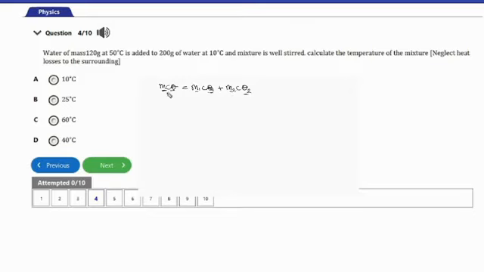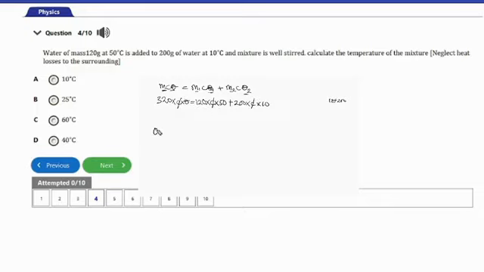The sum of the masses here will be 120 plus 200, and that's 320 grams. So 320 grams times C times theta will be equal to 120 grams times C times 50 plus 200 grams times C times 10. Noting that C is common here, we can cancel out the C's and solve for theta.